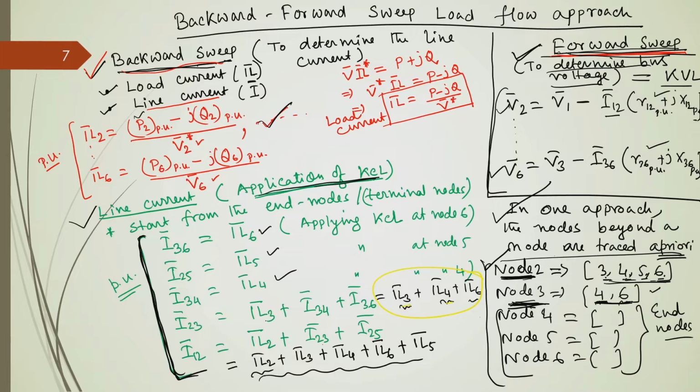The voltage will deviate from 1 per unit, and if this deviation from the guess value, or from the previous to the next iteration, is within a given tolerance, then we can consider that we have achieved the convergence criterion and we can terminate the iterative process.